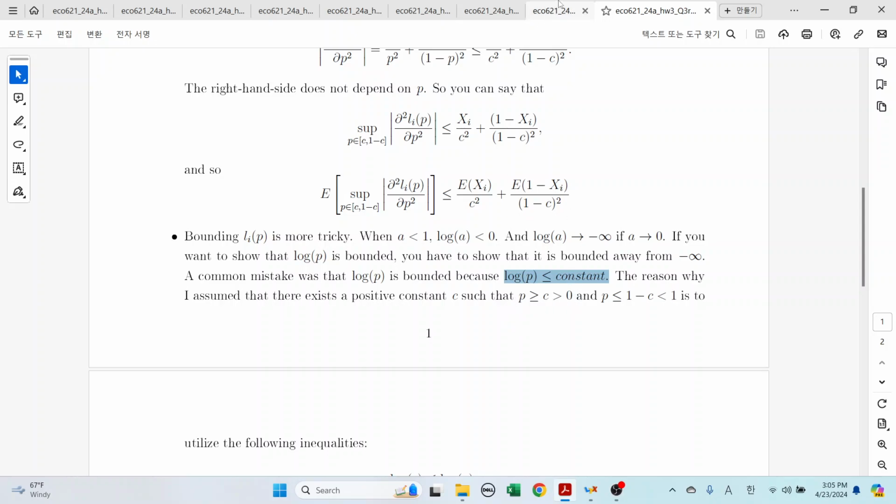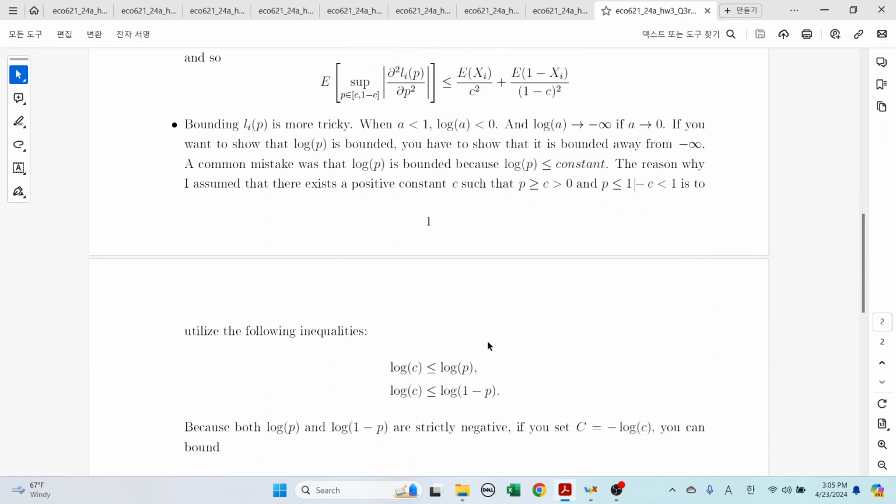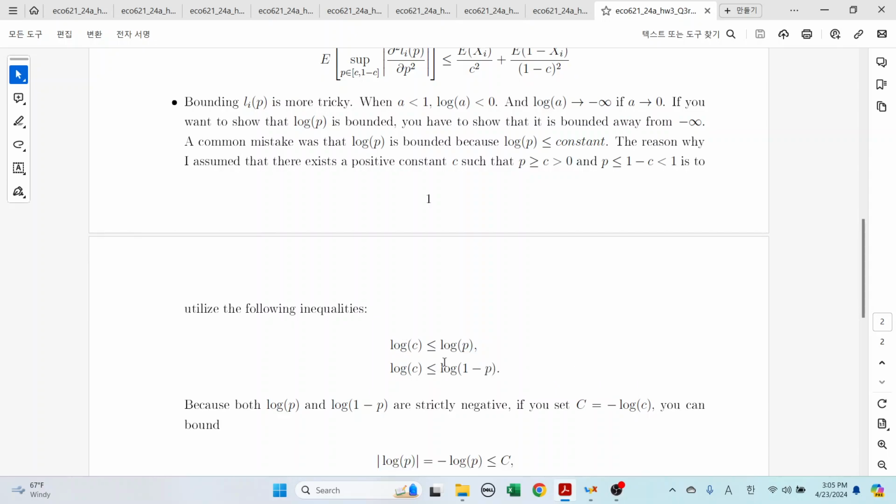And here comes our assumption C and 1 minus C. That is because we can show that P is greater than or equal to C, which is positive, and also it is bounded above by 1 minus C, less than 1. Then you can bound from below: log of P is bounded from below by this guy, and log of 1 minus P is bounded from below by the same guy. So then this is a constant that we are looking for, right?